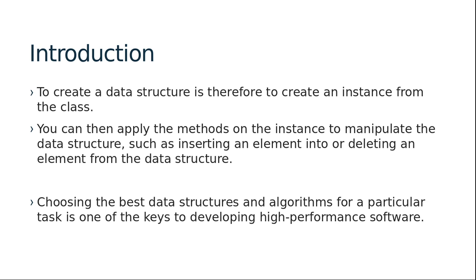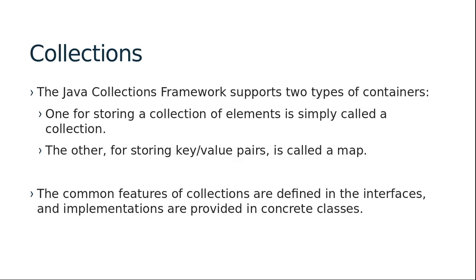Now, choosing the best data structure and algorithm for a particular task is key to developing high-performance software. Java has a collection framework which defines many of these data structures, and it calls them a container or a container object.